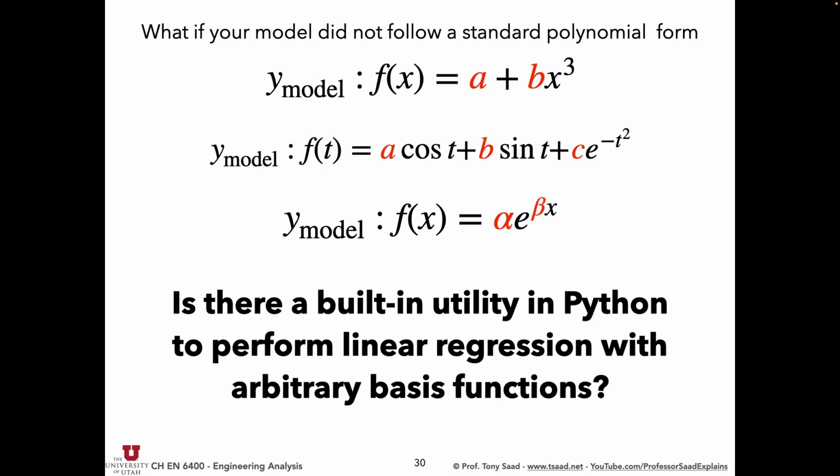This guy, this model, a cosine t plus b sine t plus c exponential minus t squared, highly nonlinear transcendental functions, but the coefficients show up linearly. And this will result in a linear system of equations for the regression. So we would call this linear regression, or say, you know what, I'm regressing to this model, sines and cosines and exponentials.